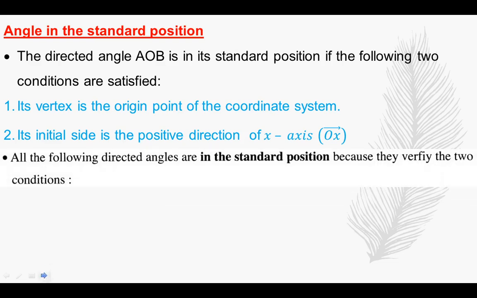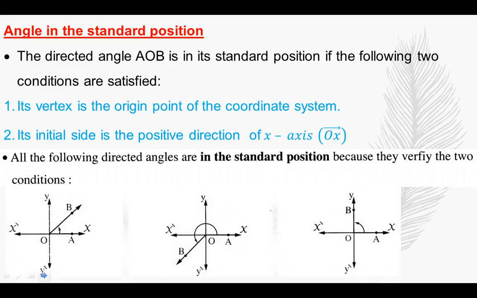Examples. All the following angles are in the standard position because they verify the two conditions. Let's verify the two conditions together. In figure 1, you can see that the vertex is the origin point. Its initial side is the OX ray.